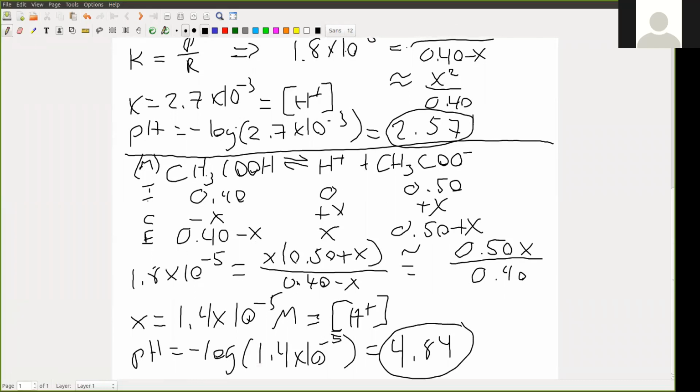The big thing to recognize in all of this is that this is the introduction to why buffers work. When you have a buffered solution, which is a weak acid and its conjugate, you end up with a solution that is more stable in pH.